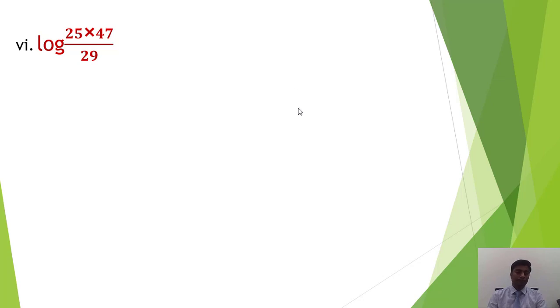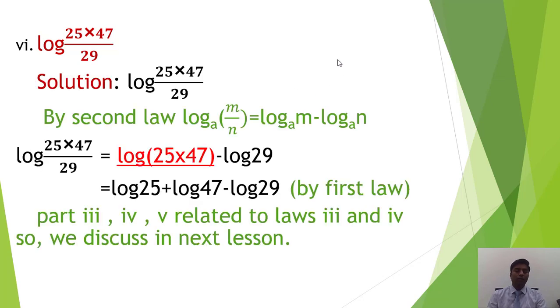Solution: log 25 multiplied by 47 divided by 29. By second law, log m divided by n to the base a is equal to log m to the base a minus log n to the base a.